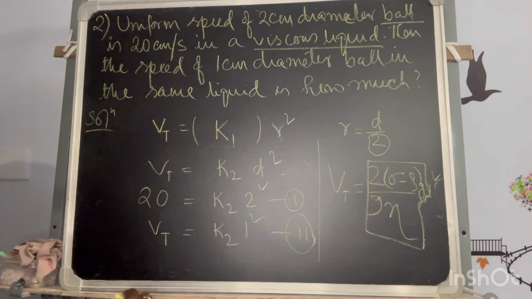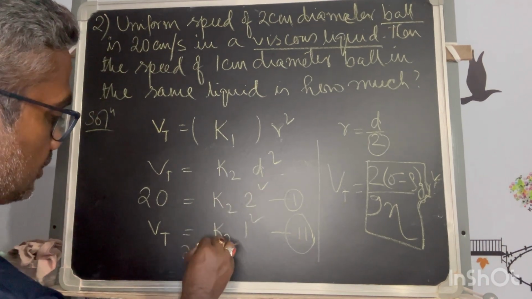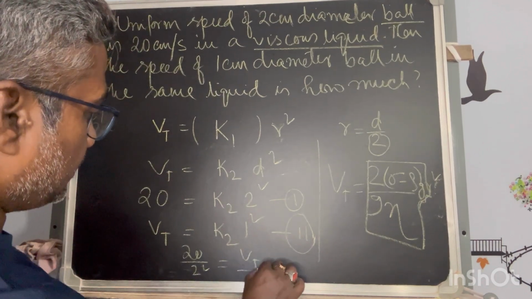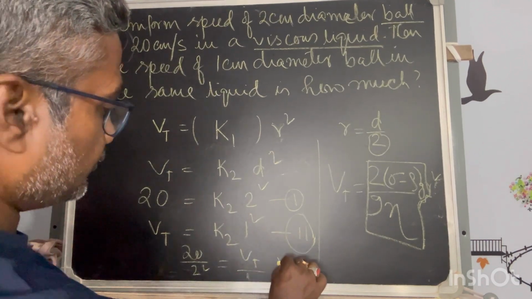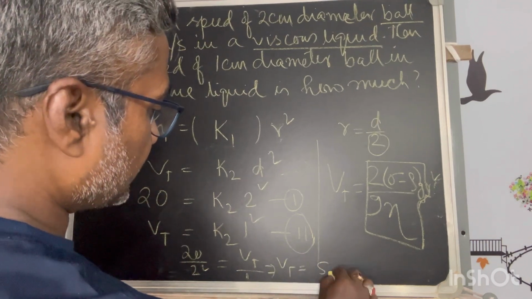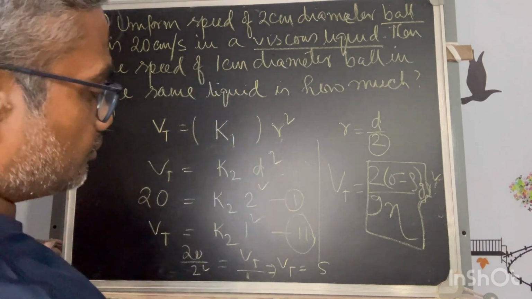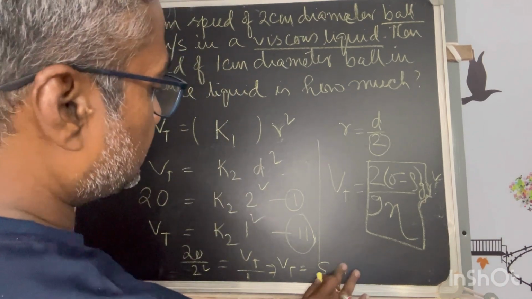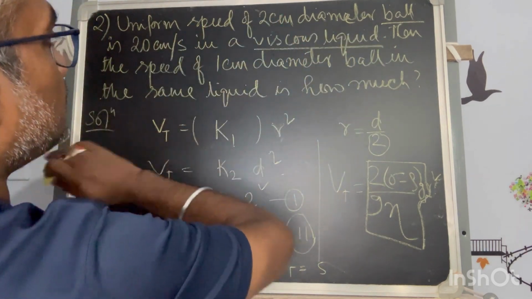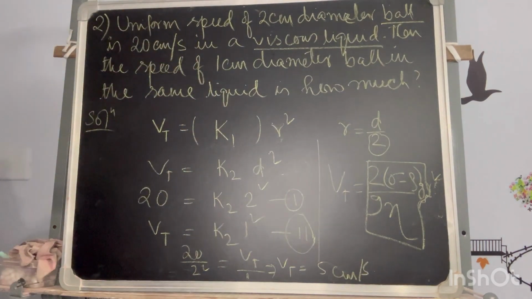So you can divide it: 20 by 2 square is equal to Vt by 1 square. So Vt is equal to 20 by 4, that is equal to 5. So your terminal velocity for the 1 centimeter ball will be 5 centimeter per second. It will be your answer.